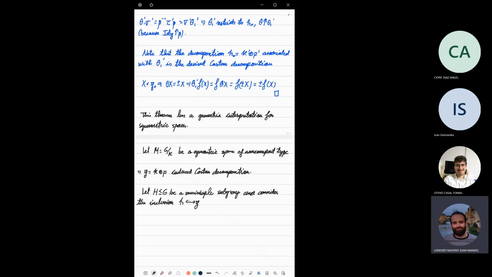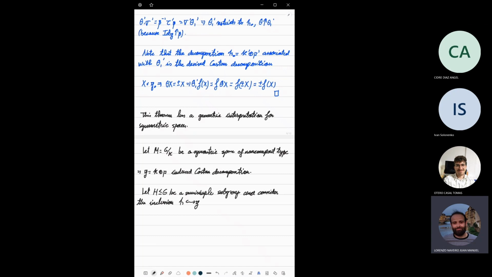So the theorem that we just proved, the Mostov theorem, says that we can take a Cartan decomposition of H, and we can take a Cartan decomposition of G such that they are compatible with respect to the inclusion.